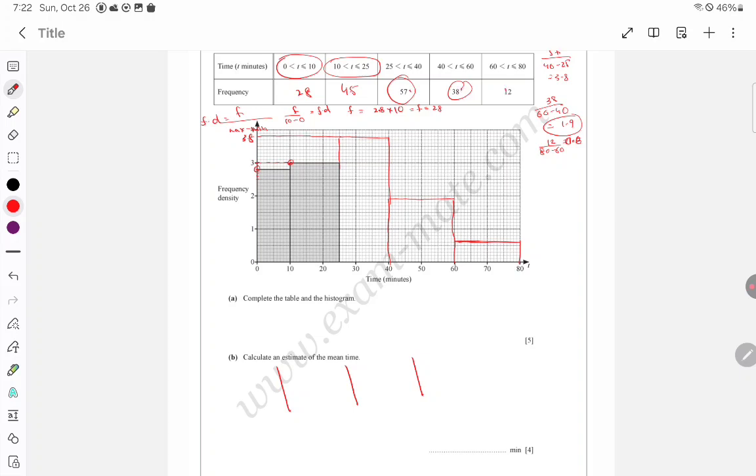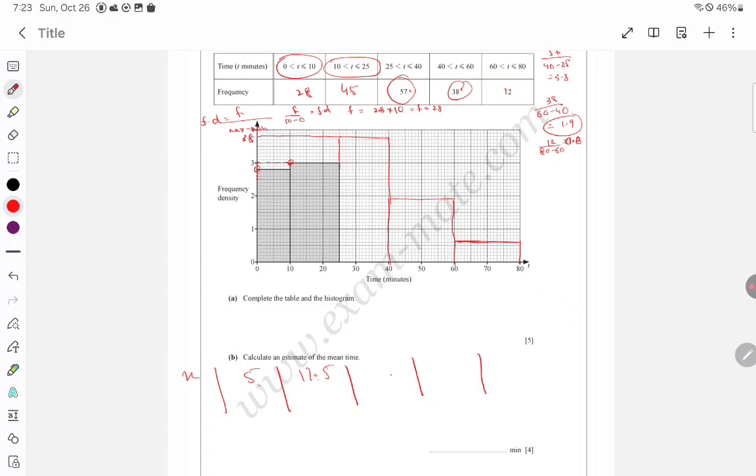For the first class, 0 plus 10 divided by 2 will be 5. 25 plus 10 will be 35, and 35 divided by 2 is 17.5. This we are doing for the x.